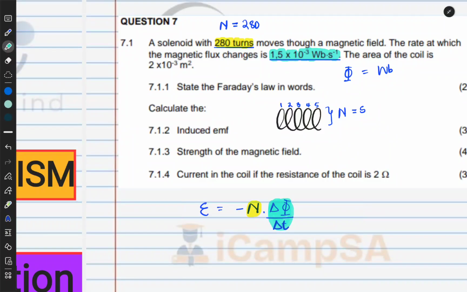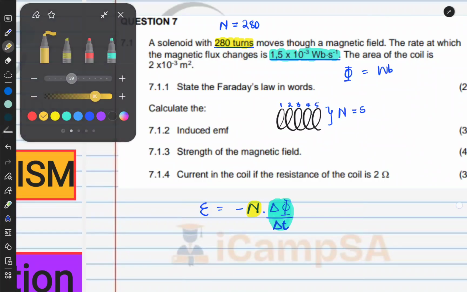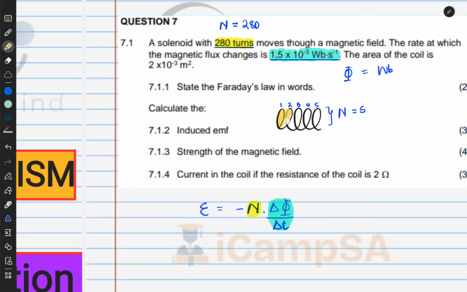We know the number of turns of this solenoid, and now we are being told the area of the coil. So that means one circle out of all 280, not one, all of them have an area of 2 times 10 to the power minus 3. So all these circles, each and every one of them has an area of 2 times 10 to the power minus 3.